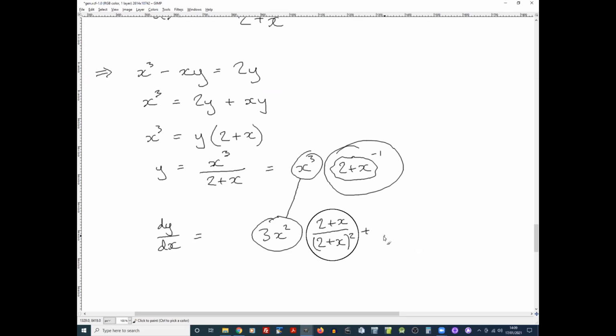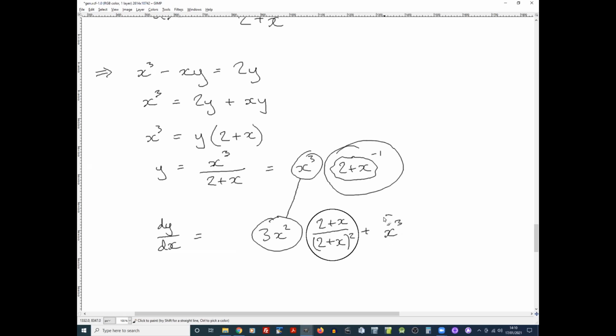Sorry, where are you getting 6 from? Oh, I see, you've done this. Sorry, can you just tell me what to write here so I know that you've done this properly? x cubed.